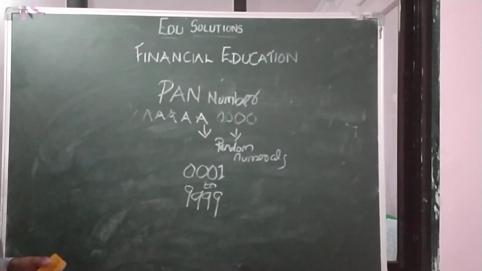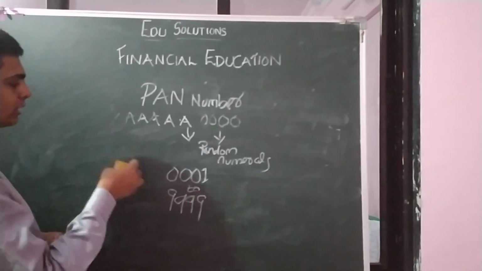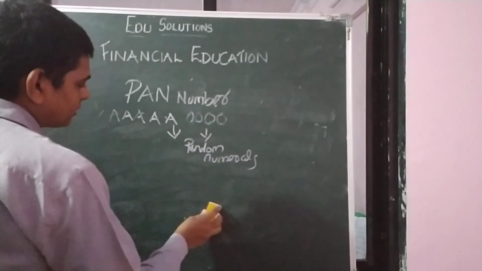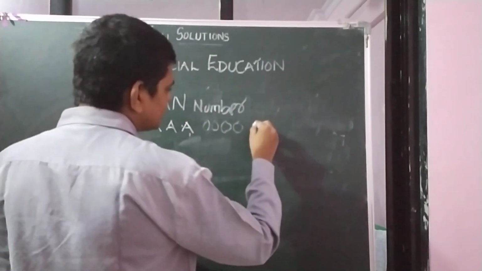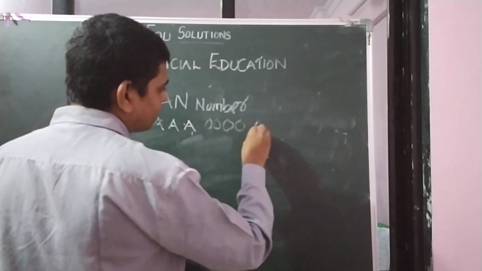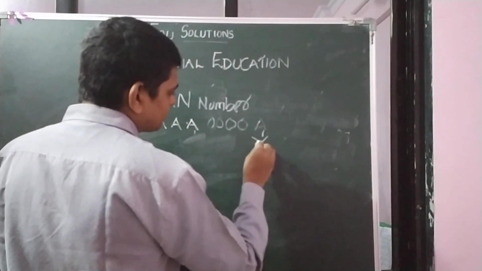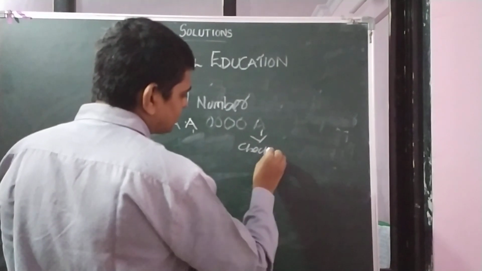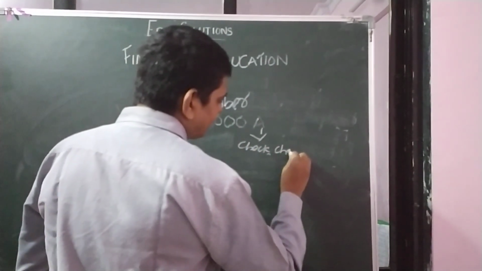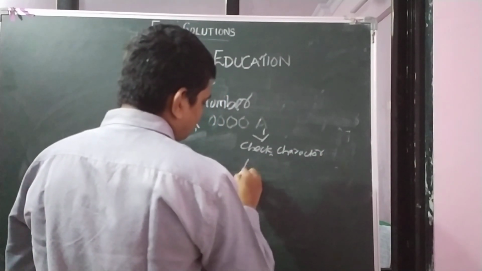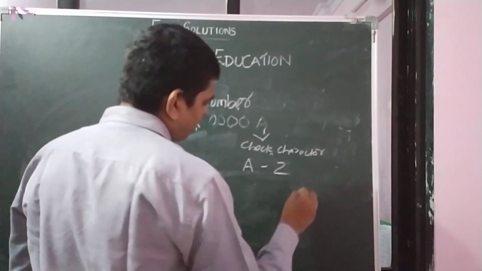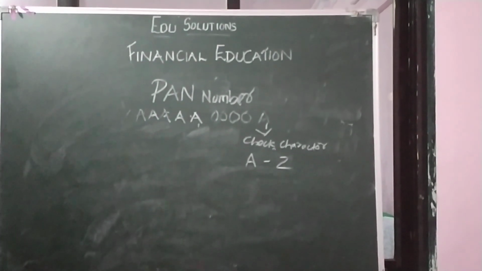So there is no logic, it's a random number, like the first three characters, and these four numerals are random numbers. Then the last one is again an alphabet, which is a check character, any character from A to Z.